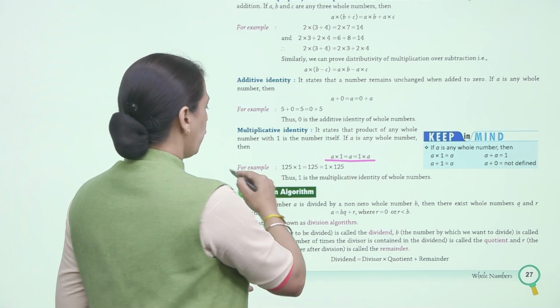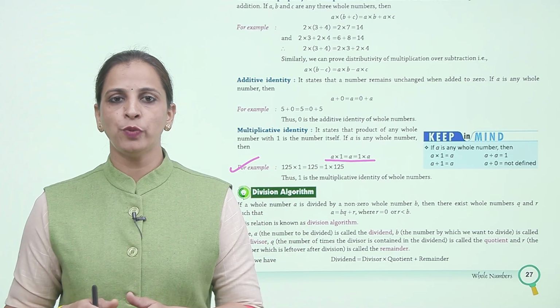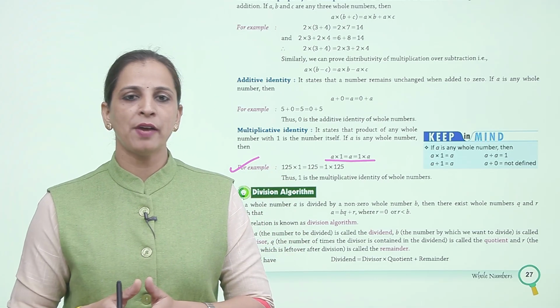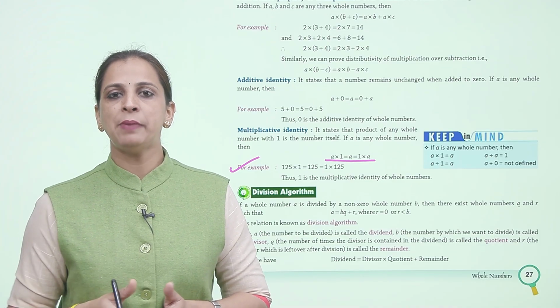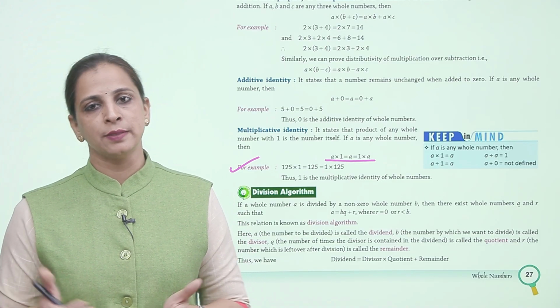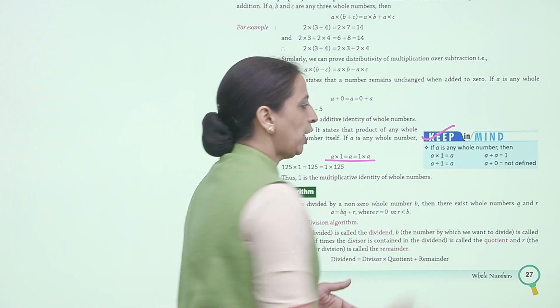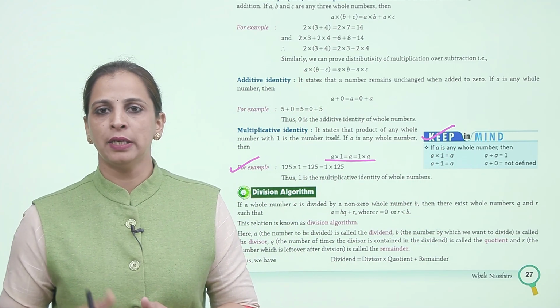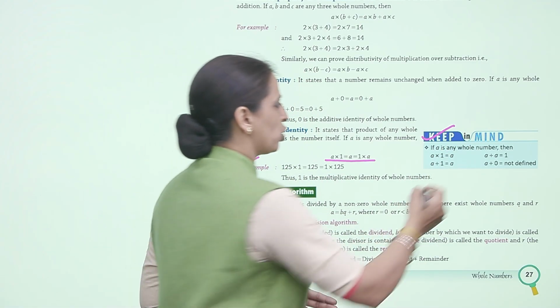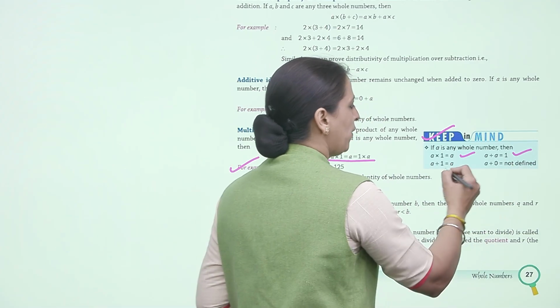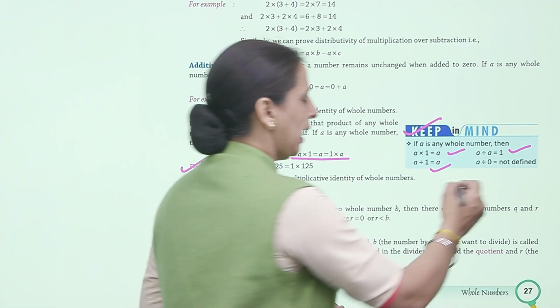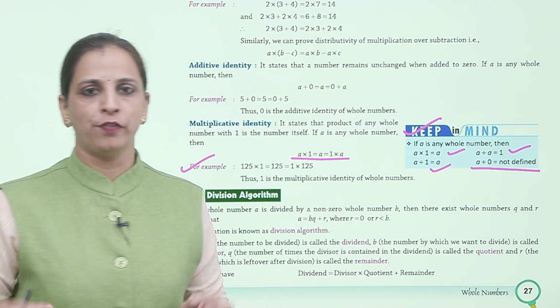For example, 125 multiplied by 1 is 125, and 1 multiplied by 125 is also 125. Thus, 1 is the multiplicative identity of whole numbers. Keep in mind, if a is any whole number, then a divided by a is equal to 1, a divided by 1 is equal to a, and a divided by 0 is not defined.